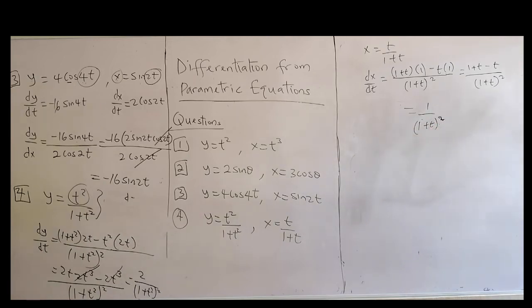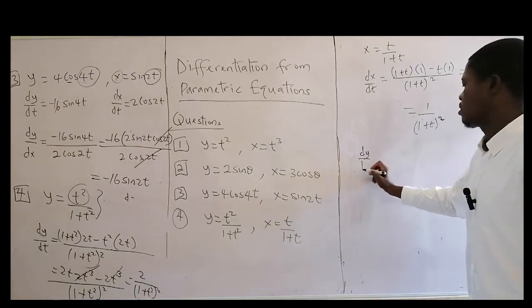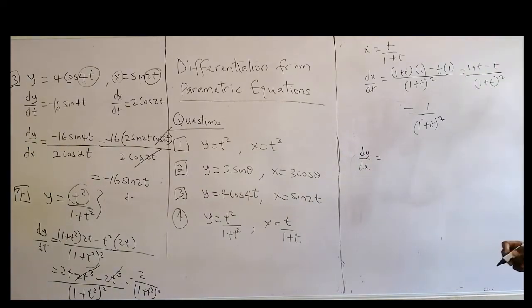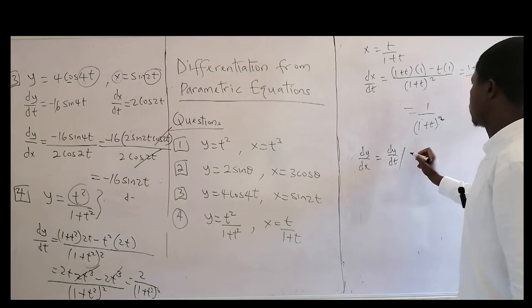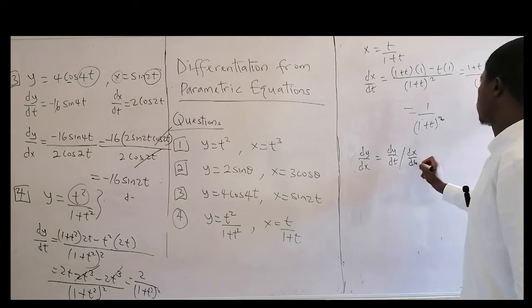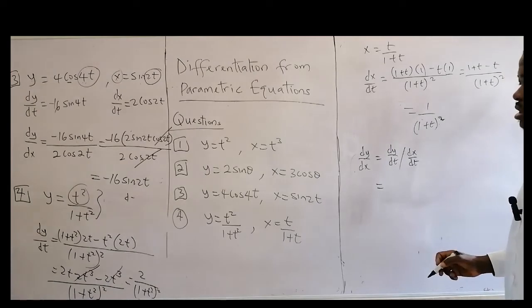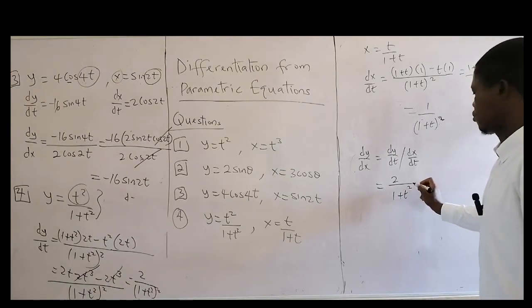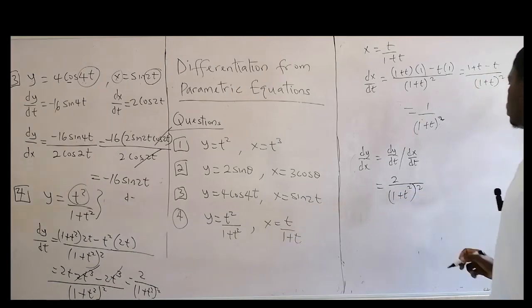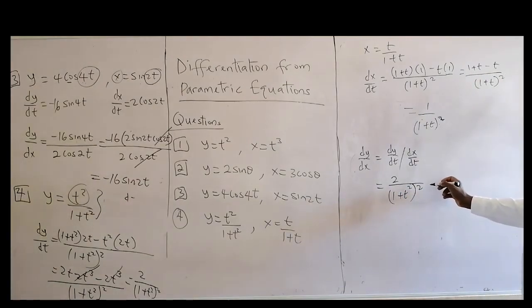Then you can get the dy/dx. So dy/dx will be equal to dy/dt slash dx/dt. So which is equal to, my dy/dt is what? 2 into brackets (1 plus t squared) power 2. And then divided by what? Divided by dx/dt, which is what? 1 over (1 plus t) squared.